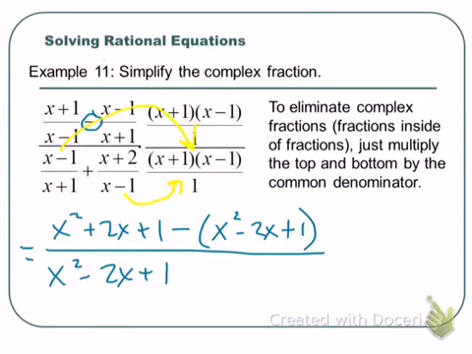What cancels when I multiply those two things? X minus 1 will cancel, and I'm left with x plus 2 times x plus 1, which is, don't forget the sign here, this plus comes down, x squared plus 3x plus 2.